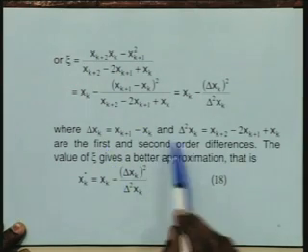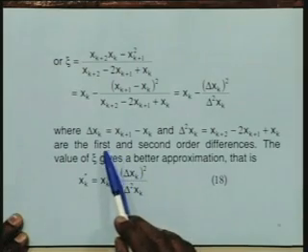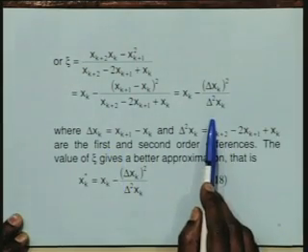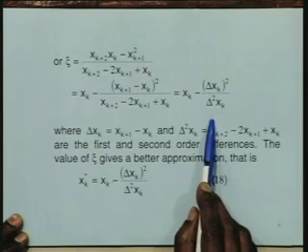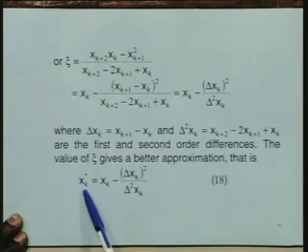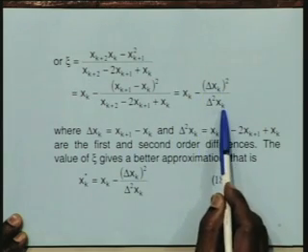They are called the first and second order differences, which we are going to define later. For the moment let us take it as just the name of these two quantities. Therefore, I will take the new approximation to xi as x star k, that is x k minus delta x k whole square by delta squared x k.